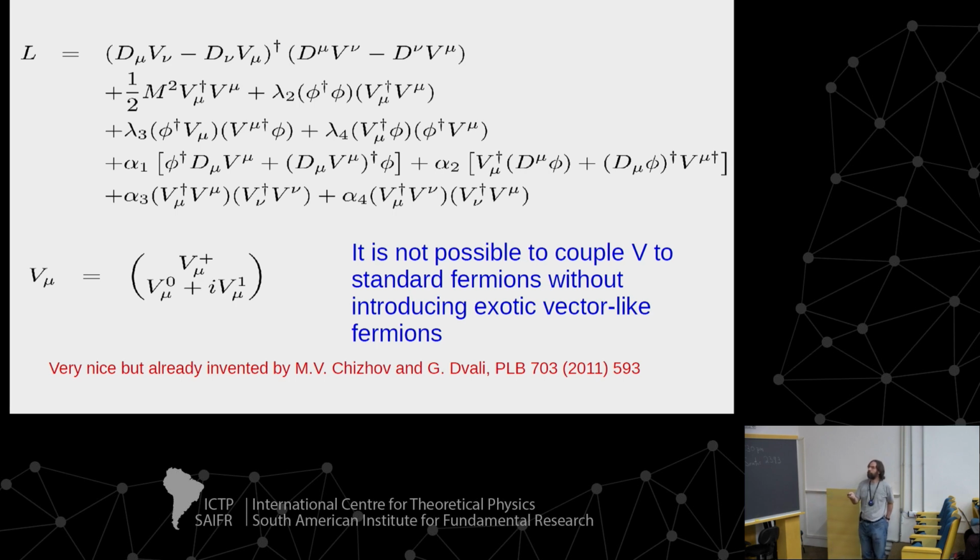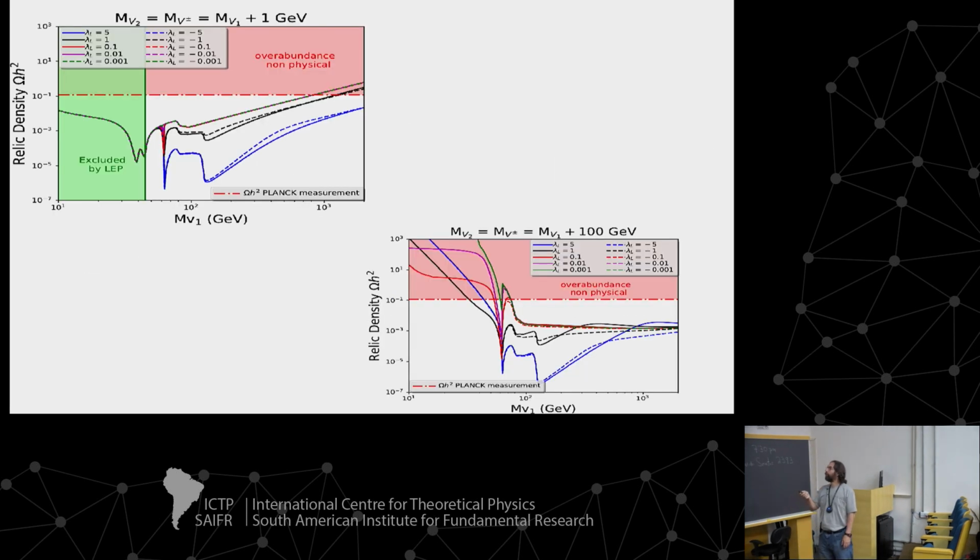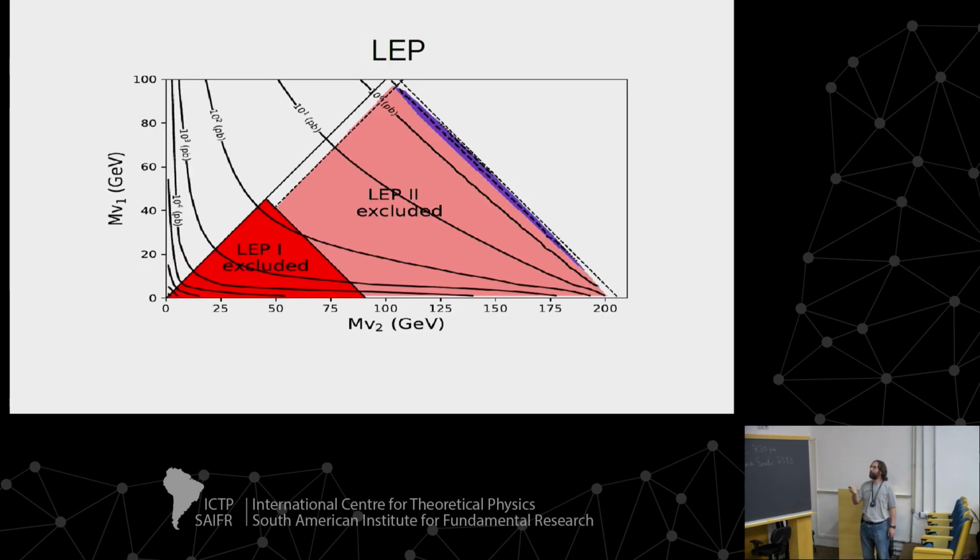Here the vector is a doublet, of course, and we assume that this component is the dark matter. We compute the relic density, and so on.